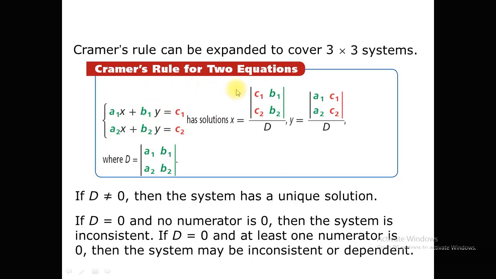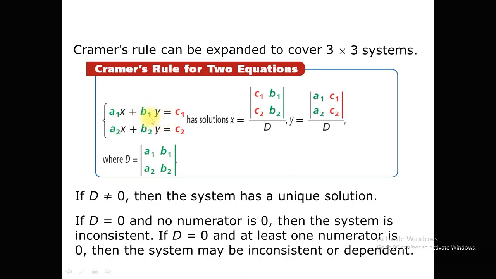Now dear students, as I have already told you, for the system of 2 equations by using the Cramer rule, note that the situation is similar for a 3 by 3 system also.